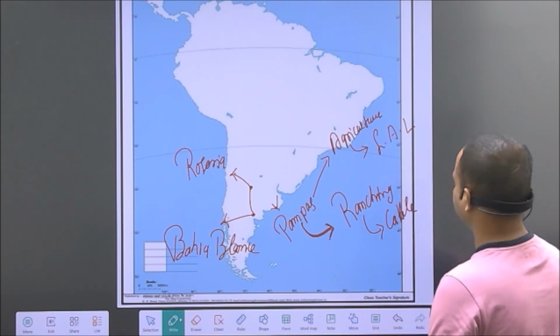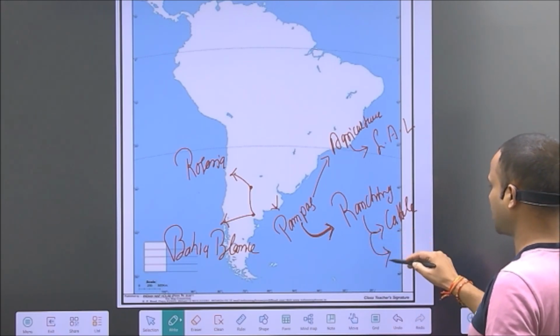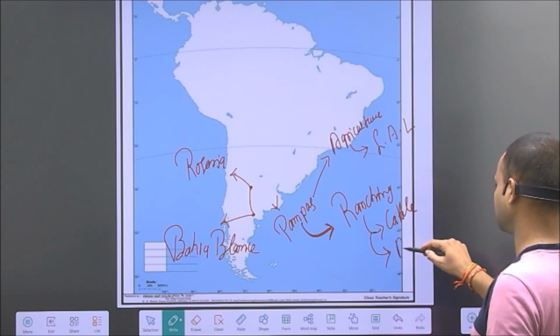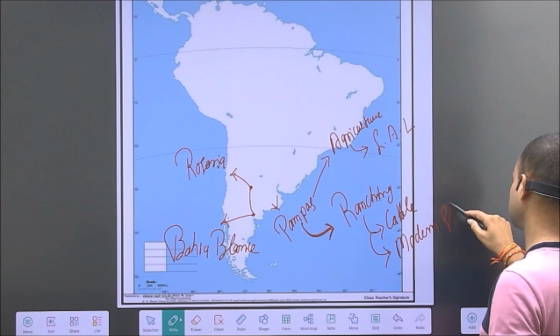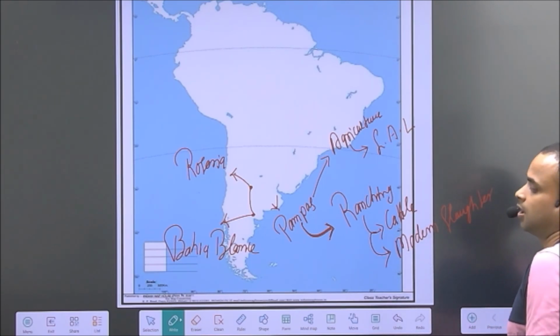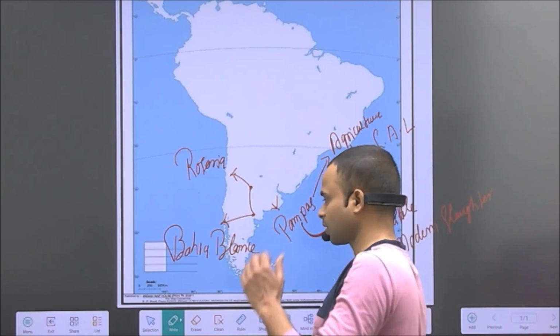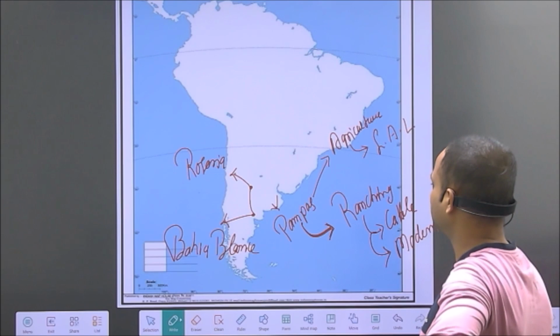And because of ranching here, modern slaughterhouses are developed. So these are important things about the Pampas.